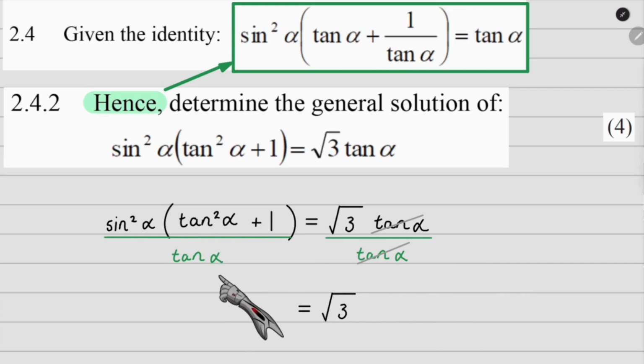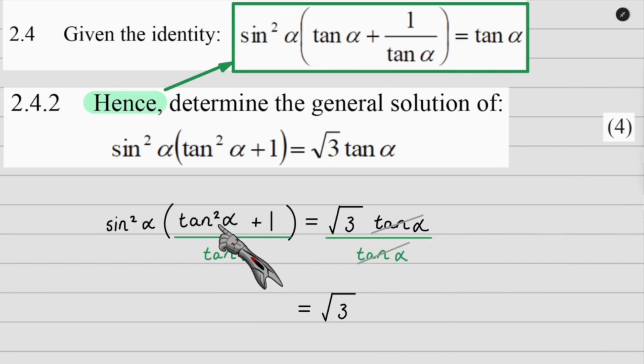And when I divide this side by tan alpha, it's a little bit tricky. So you must only divide one of the factors by tan alpha. If you divide both of the factors by tan alpha, you're dividing by tan twice, so you're dividing by tan squared. So I only want to divide factor 2 by tan of alpha to get this identity.